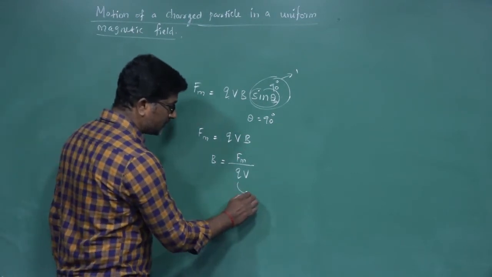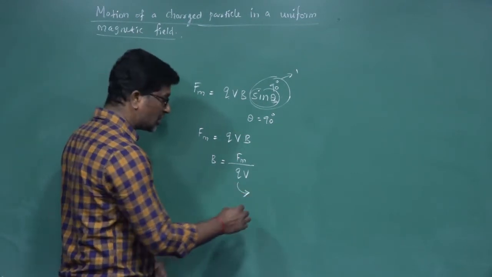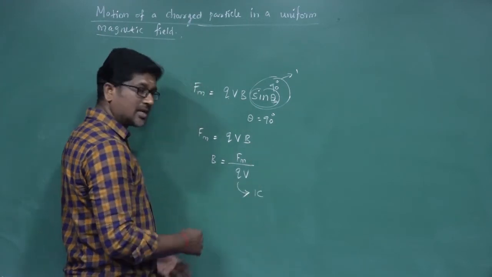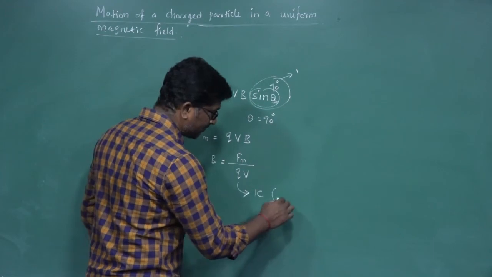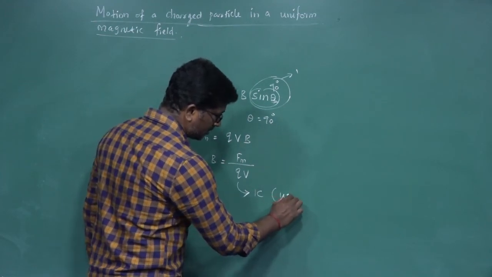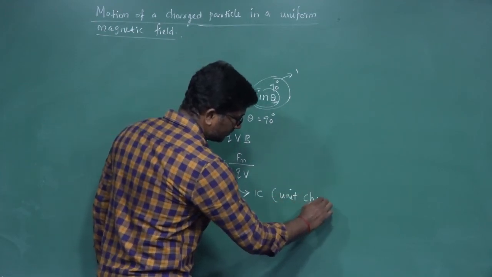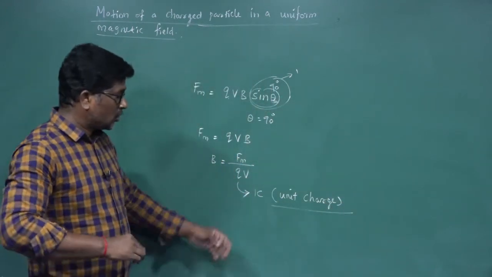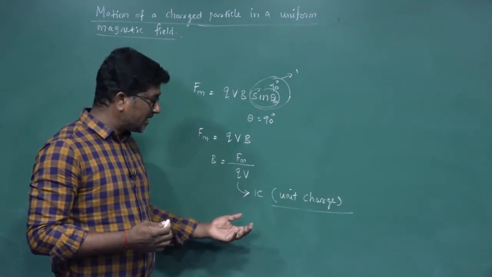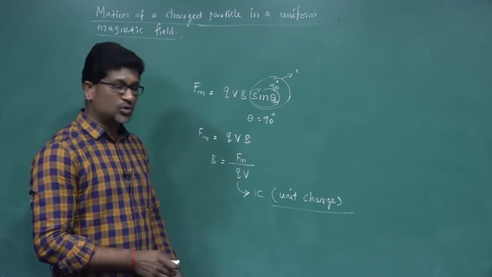Suppose the magnitude of the given charge is 1 coulomb. A charge whose magnitude is 1 coulomb is called a unit charge.